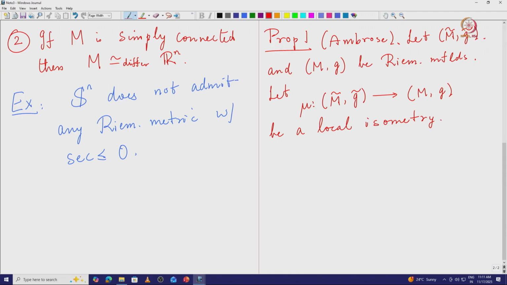Okay. So then, I have forgotten one key hypothesis.